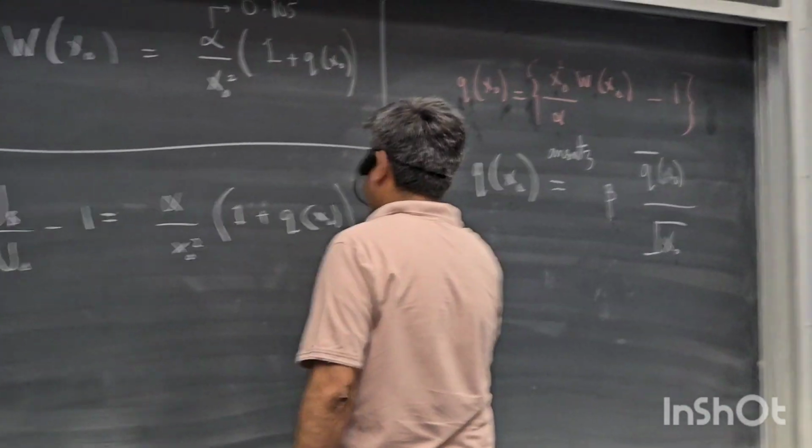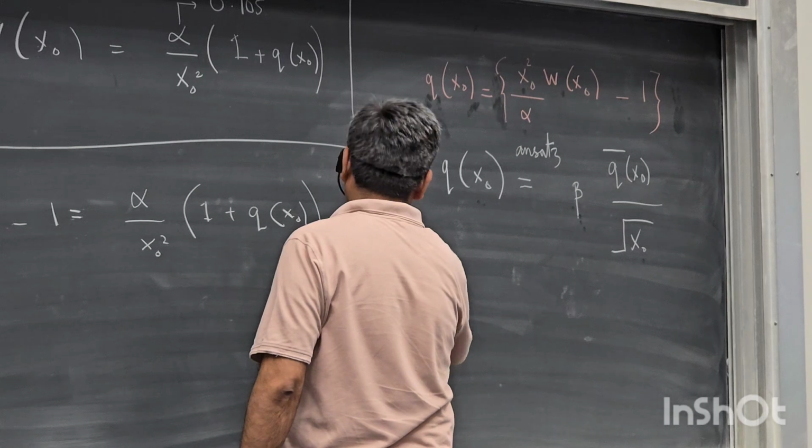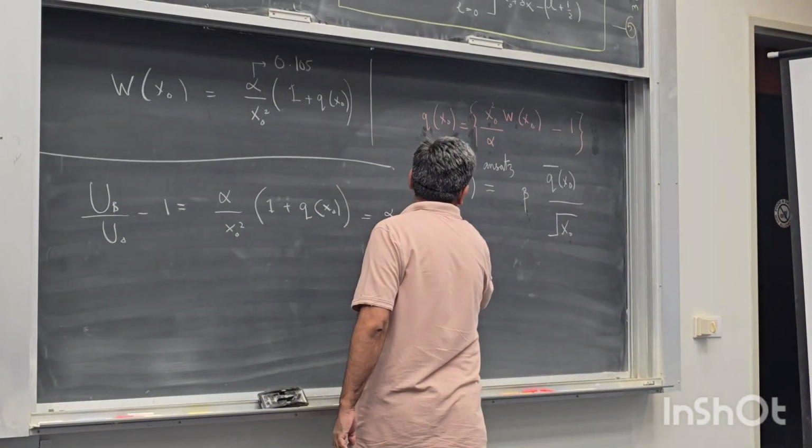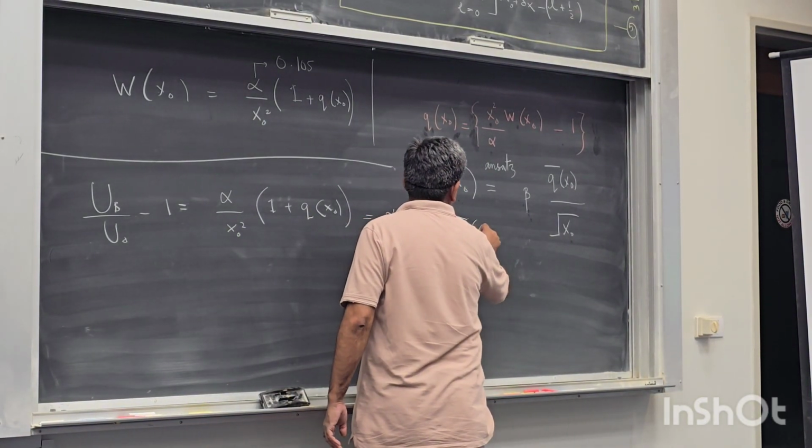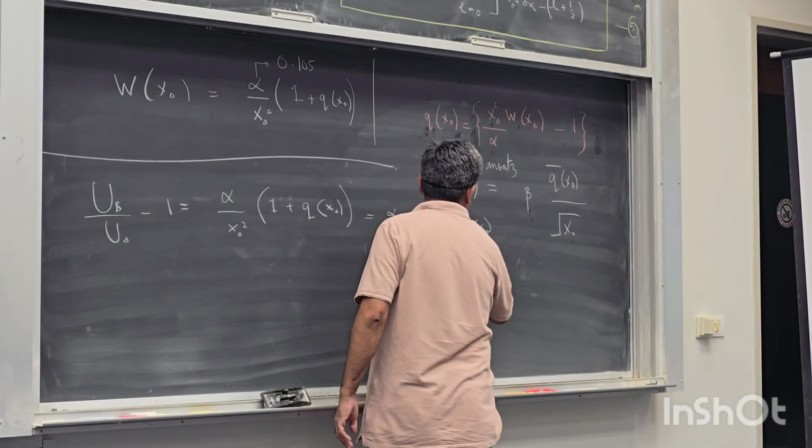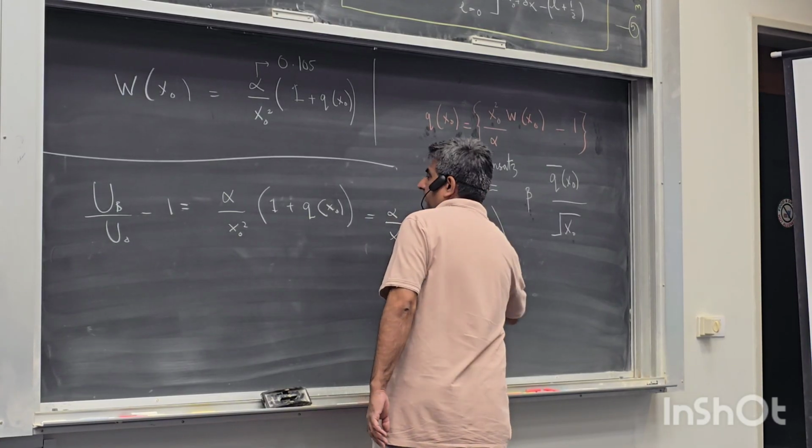So I have alpha over x naught square times 1 plus beta q, a constant amplitude oscillatory function of x naught, right?